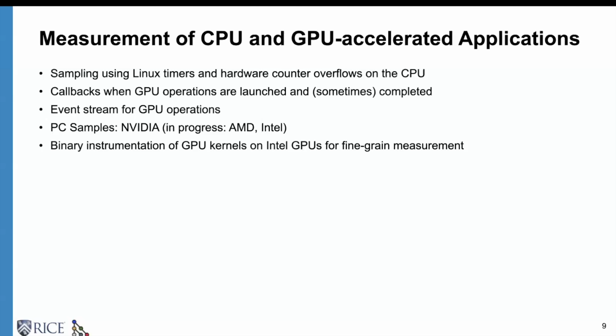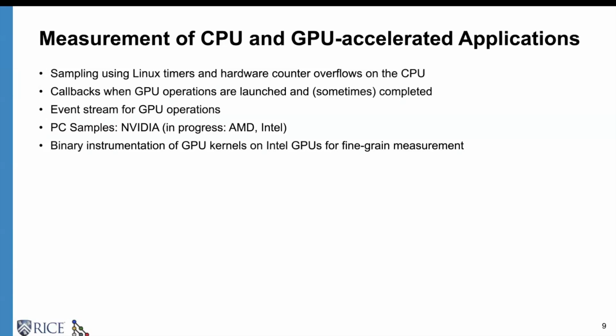Similarly, you can use hardware counters to interrupt your program, say every million cache misses or every 10 million instructions executed, give me an overflow, or give me an interrupt whenever you've stalled on memory for more than 1,000 or more than a million times. So you arrange to have these interrupts driven by either time or hardware counter overflows. We get callbacks from the vendor GPU monitoring infrastructures when GPU operations are launched and sometimes when they're completed.